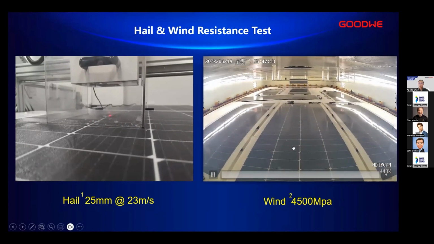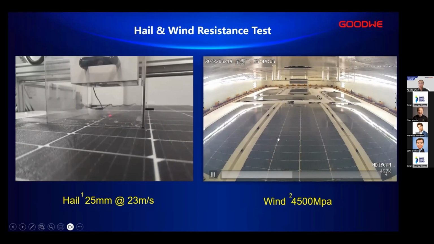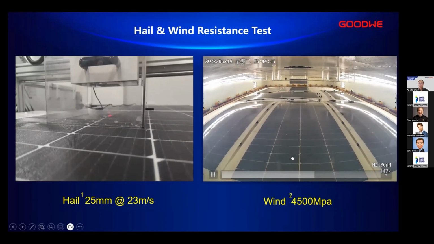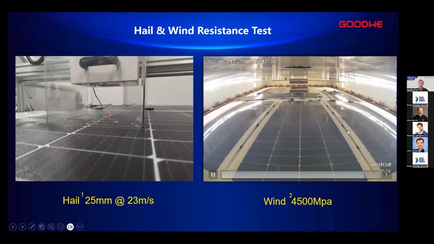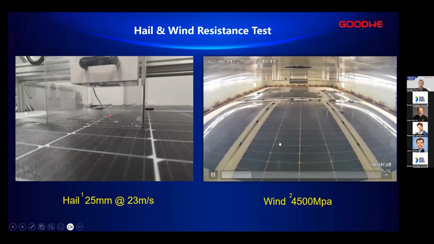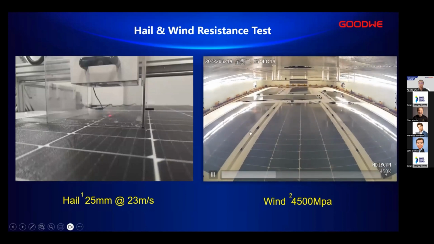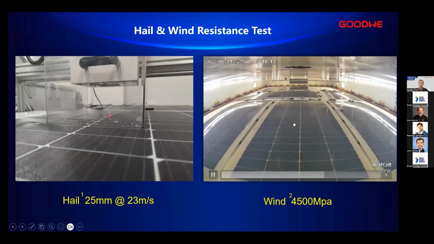Regarding the wind, people hesitate about the glue directly on the roof. As you can see, this third-party test simulates a wind load of 4,500 megapascal. The wind goes inside the gap between the panel and the roof and bumps it up, but after a couple of tests, there's no break, even though there is glass on top.